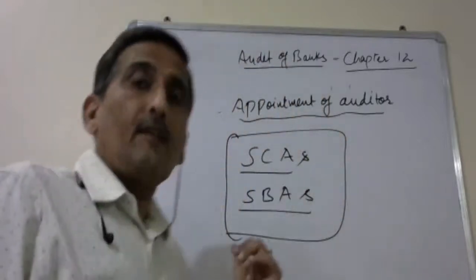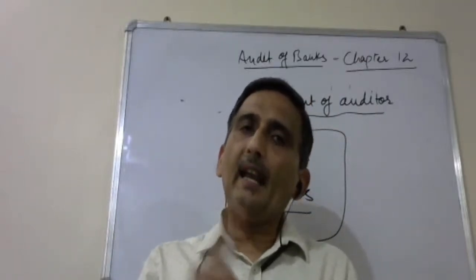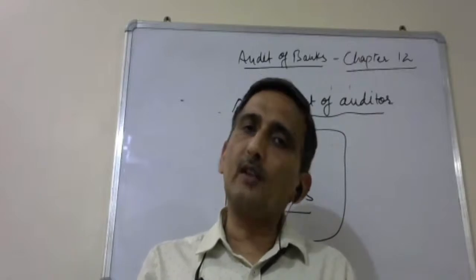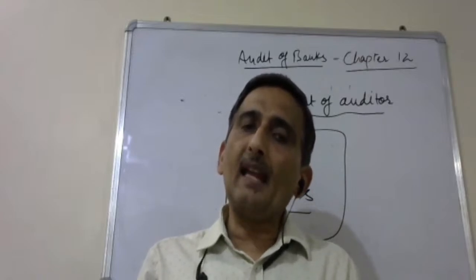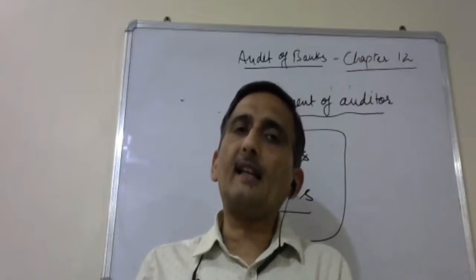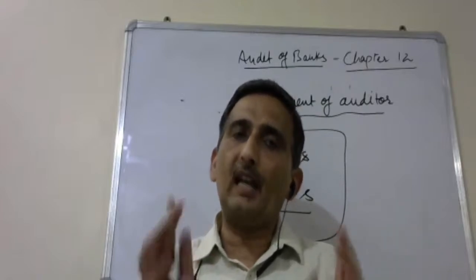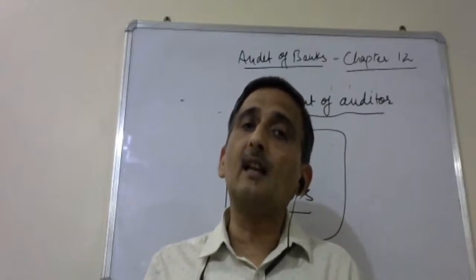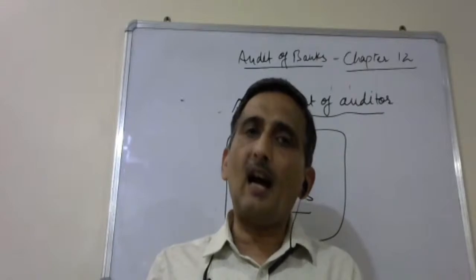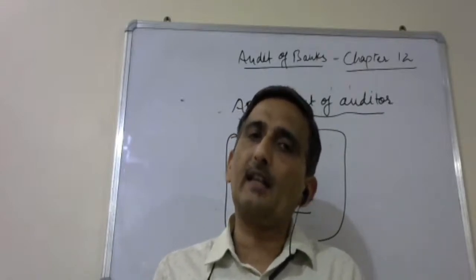So in case of nationalized banks, both statutory central and statutory branch auditors are appointed by the bank acting through its board of directors and with prior permission of the Reserve Bank of India. Students, that is very important, that in case of banks, prior permission of RBI is required before appointment of auditors.